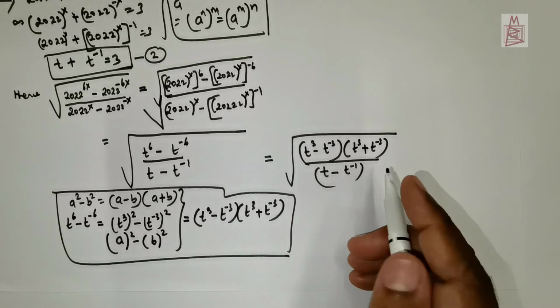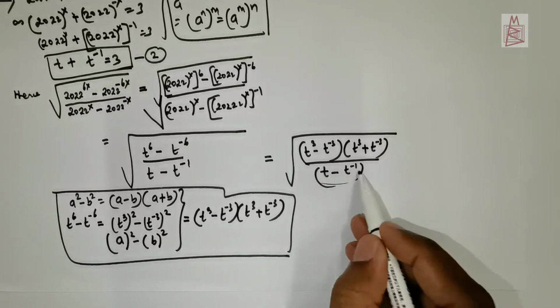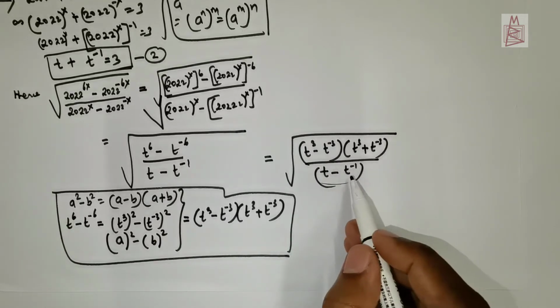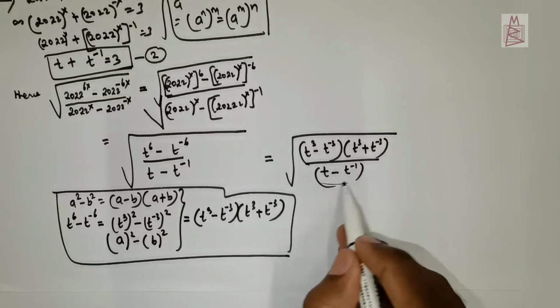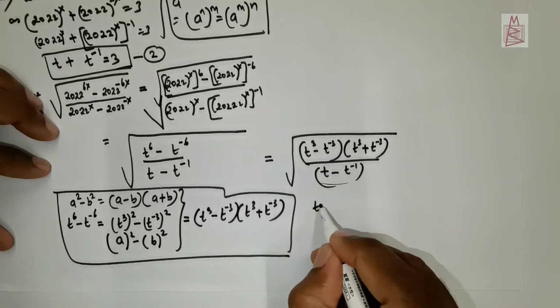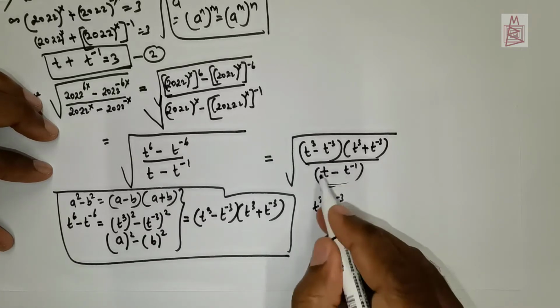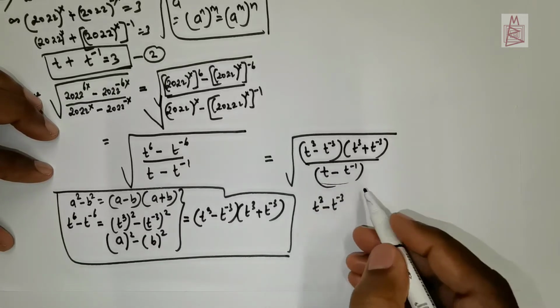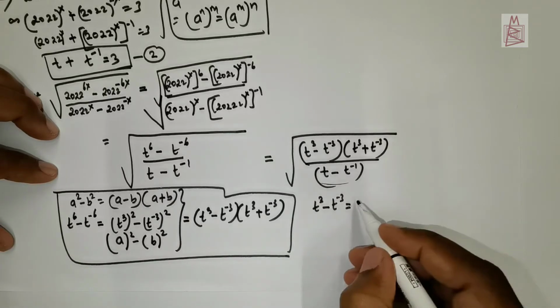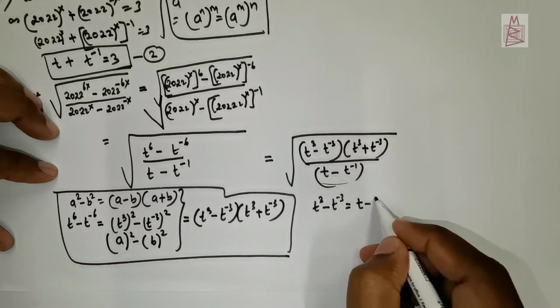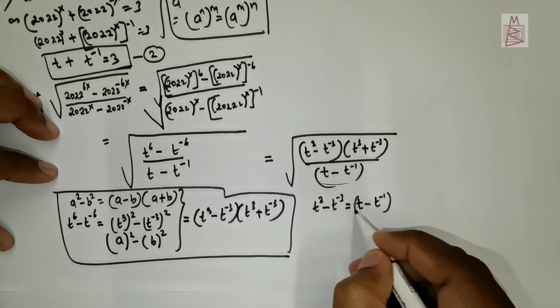Now the question is, I want to get rid of this denominator. I can get rid of this denominator if I can rewrite t power 3 negative t power negative 3 as a factor of t minus t power minus 1. So let me try that. I'm going to place t negative t power minus 1.